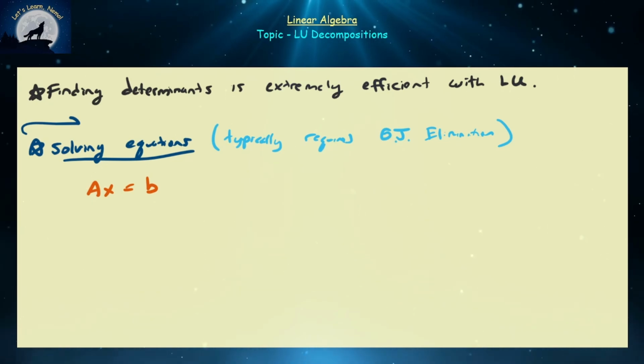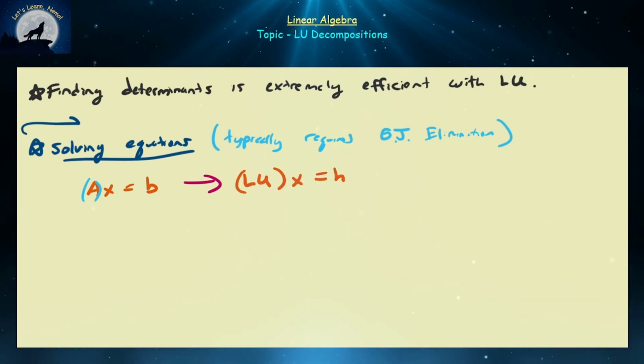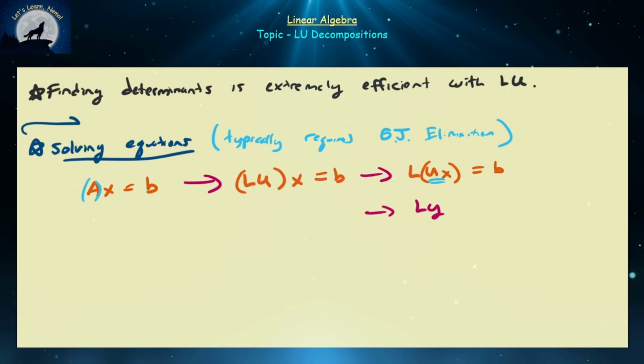But for LU decomposition, again, let's assume that A has an LU decomposition, then we can write this instead as LU times x is equal to b. And we can rearrange via associativity of matrices and write this instead as L times Ux is equal to b. And then we can redefine Ux as y, and then we're going to have Ly is equal to b instead.